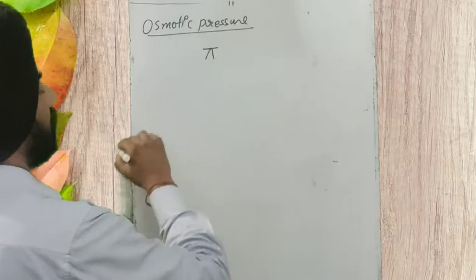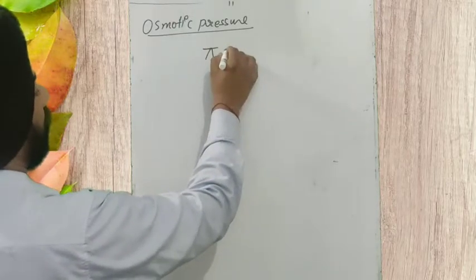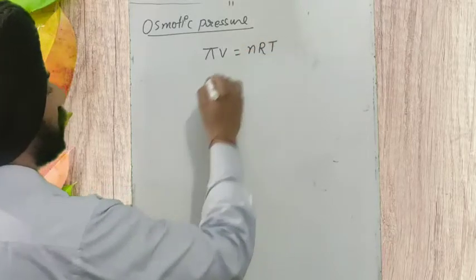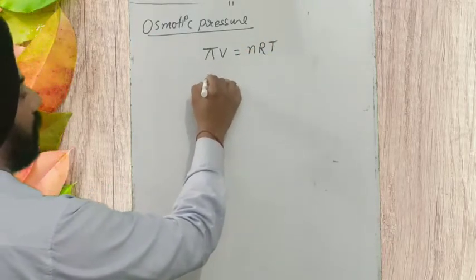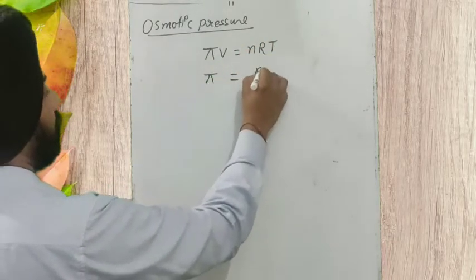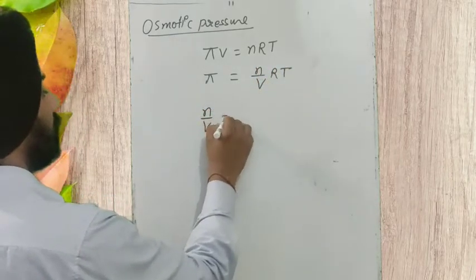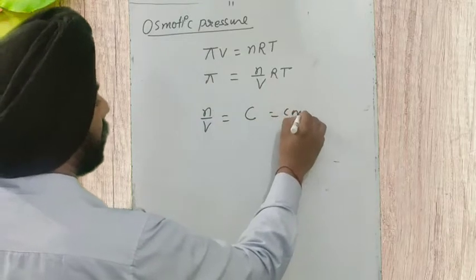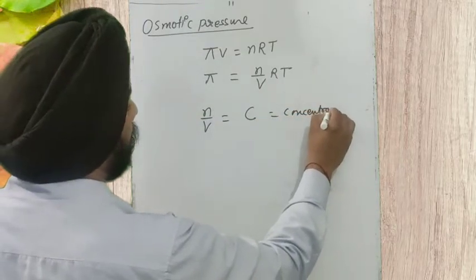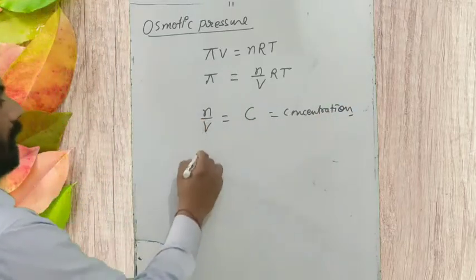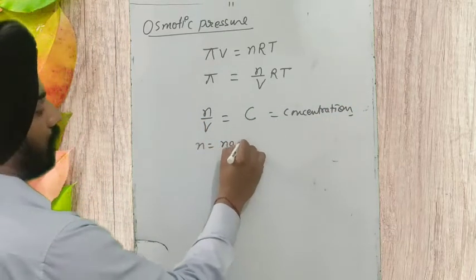So osmotic pressure π V is equal to nRT, or we can write it as π = (n/V) RT. Okay, where n/V is C, that is concentration. C is concentration, as n is the number of moles of solute.